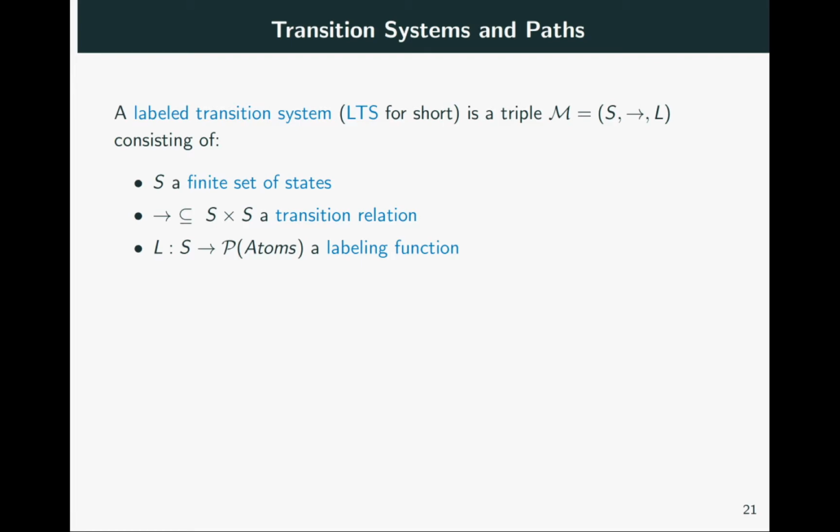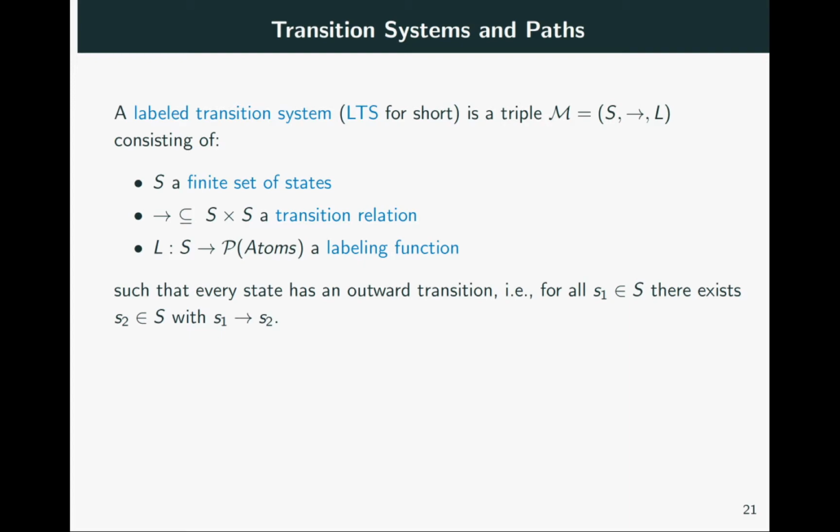As before, these are interpreted as those atoms that are true at that state. And we also assume each state has at least one transition to another state coming out of it. In other words, there is no terminal state. In mathematical form, for all S1 in S, there exists an S2 in S such that S1 transits to S2.